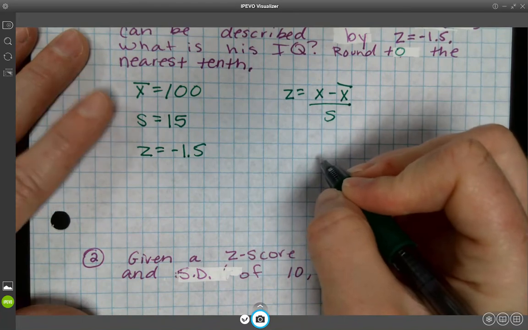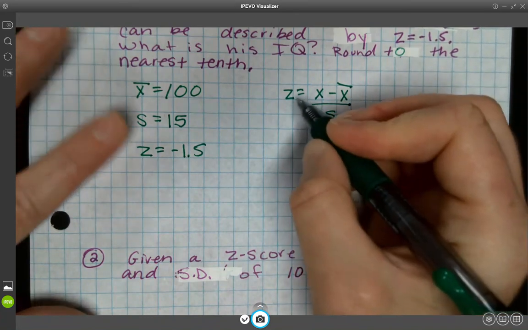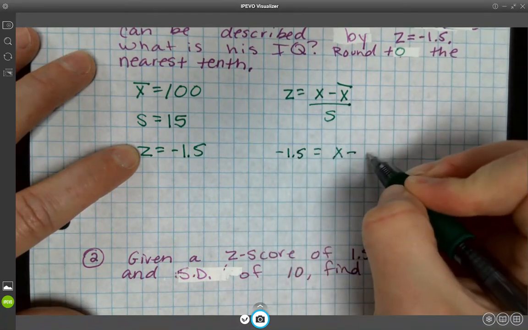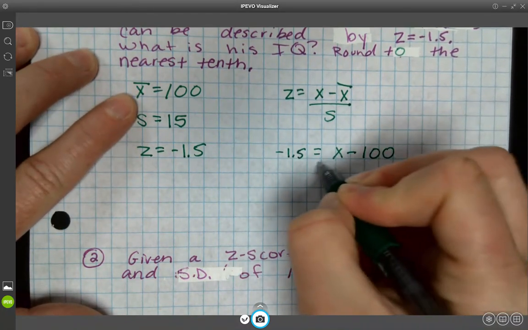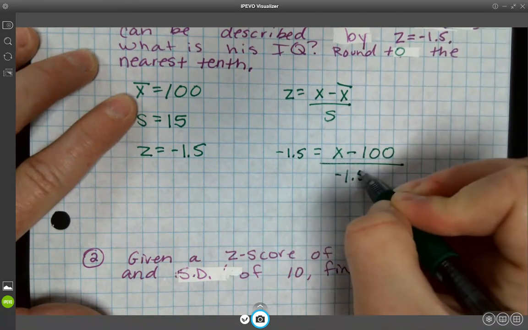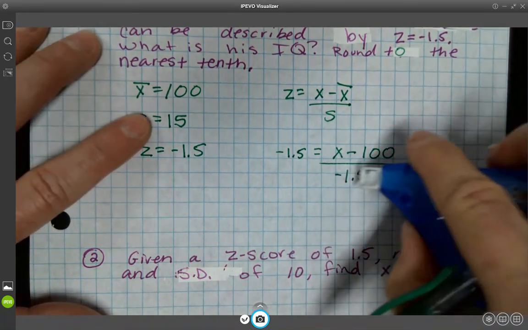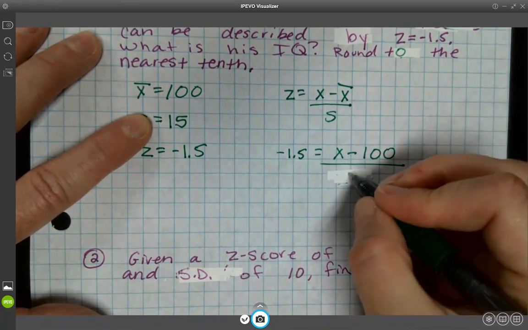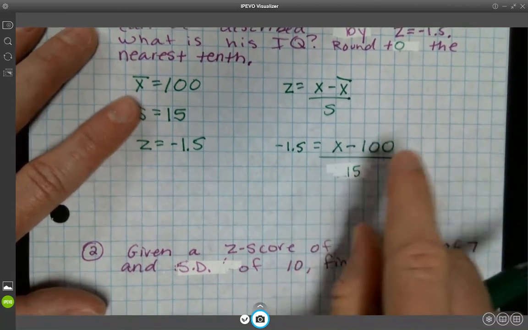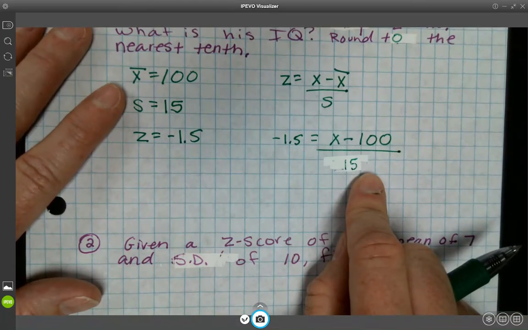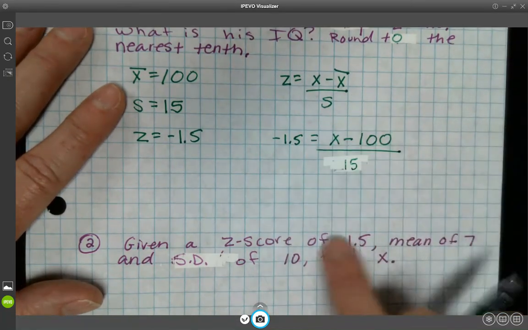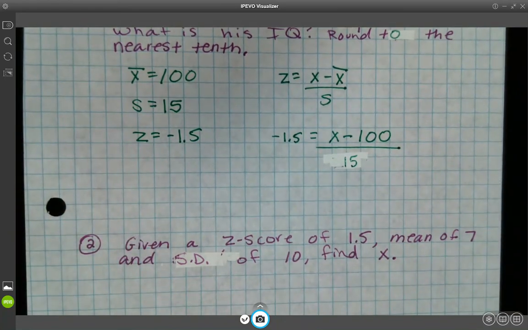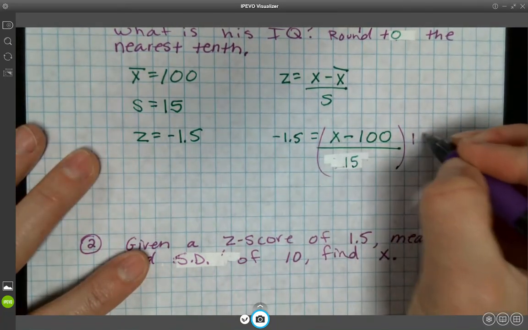Our z-score, negative 1.5, equals x minus x bar, 100, over 15. We're using that same formula, but we're solving this equation, going back to solving equations in algebra class. So multiply by 15.